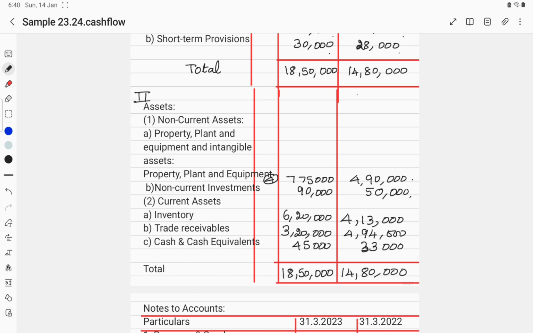2. Current assets. A. Inventory 6,20,000, 4,13,000. Trade receivables 3,20,000, 4,94,000. Cash and cash equivalents 45,000, 33,000. Therefore, total 18 lakhs 50,000, here 14 lakhs 80,000.